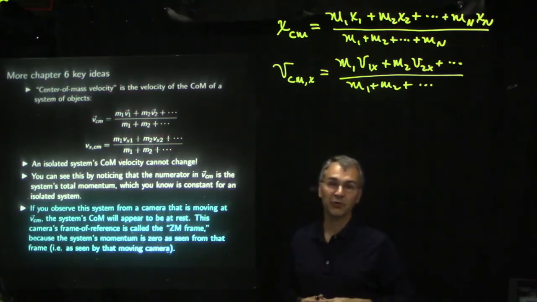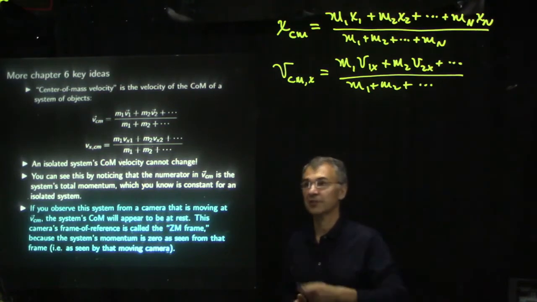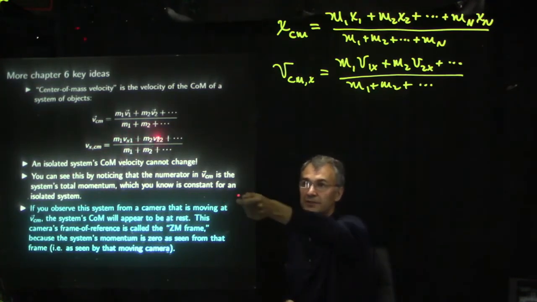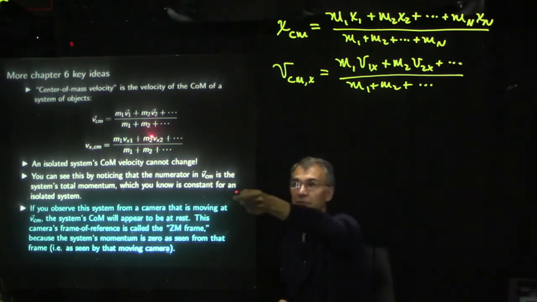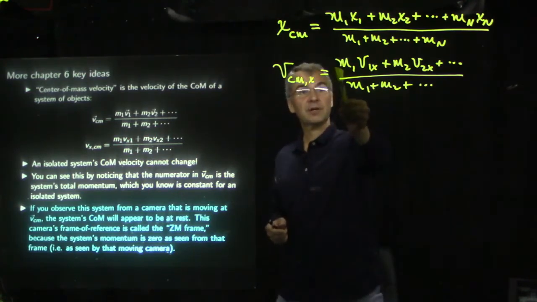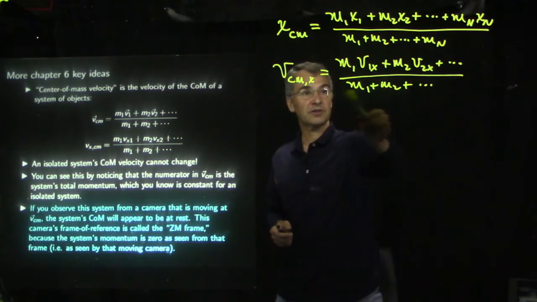It's probably going to be more intuitive if you say what is the x component of the center of mass velocity. So you have the x component of velocity for object 1 times mass 1, and you have the x component of velocity of object 2 times mass 2, and so on. And the sum of the masses downstairs, so I wrote it up here too. You have mass 1 times v1x plus mass 2 times v2x, and so on, over the sum of all the masses.